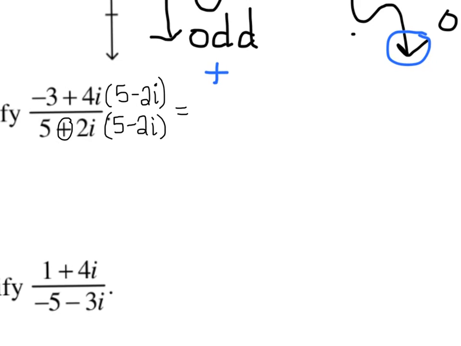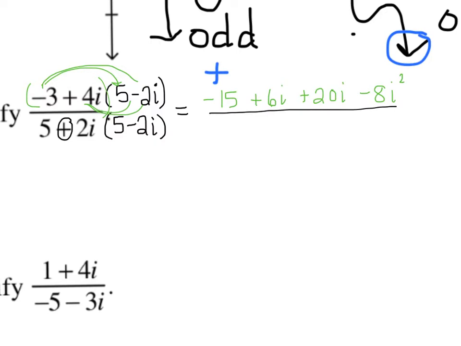So on the top, I'll do everything in green. To FOIL these two together, we're going to get negative 15 plus 6i plus 20i minus 8i squared. On the bottom, I'm going to also FOIL.